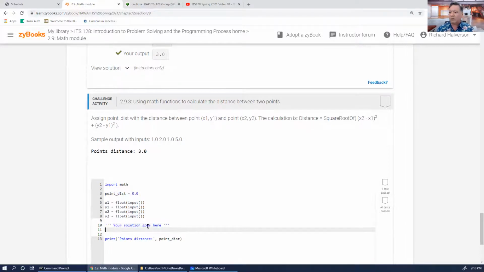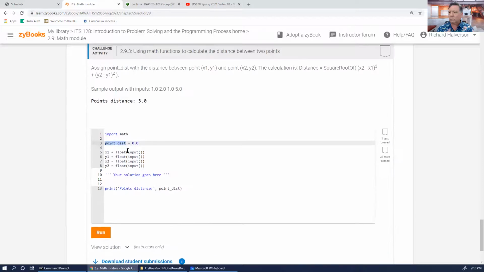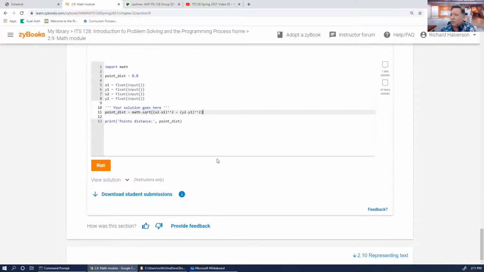So you want something like point distance equals math.sqrt of (x2 minus x1), close parentheses, to the power of 2, plus (y2 minus y1), close, to the power of 2, close. So anyway, that's probably what the answer is.